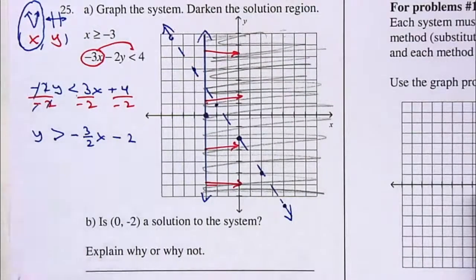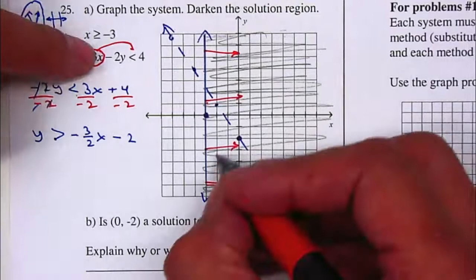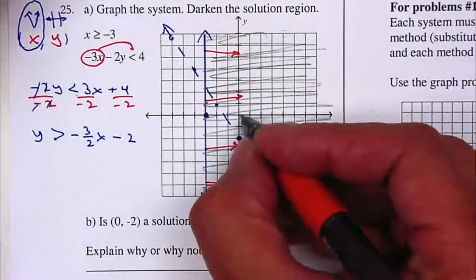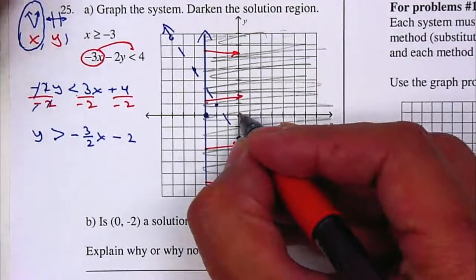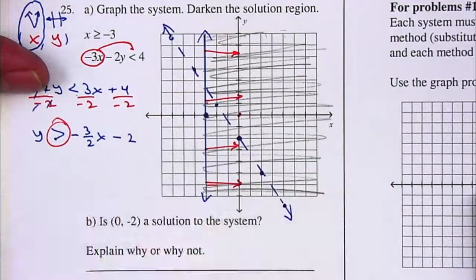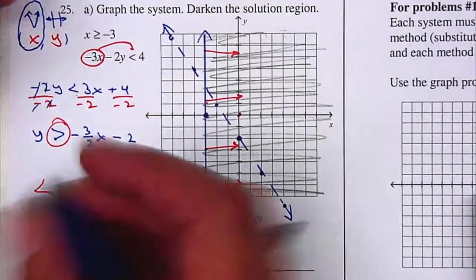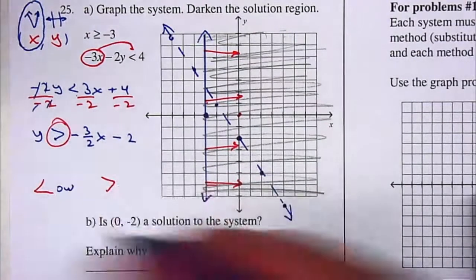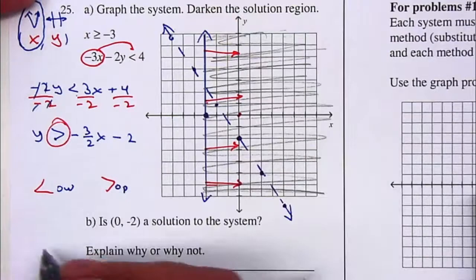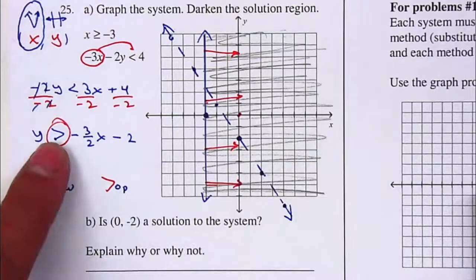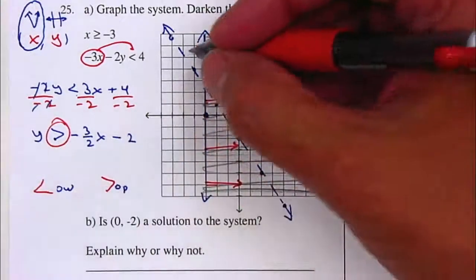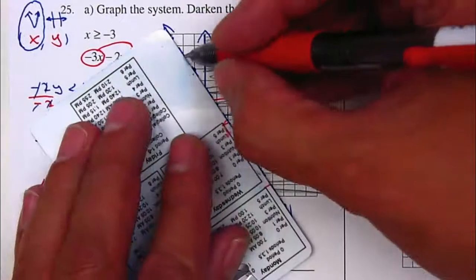And I need to decide which side to shade. Two ways of doing that. You can test a point to see if it's a solution, or you just look at the final inequality. If it's less than, it's going to be the low side. If it's greater than, greater is going to be the top, just like the name says. So in this case, greater than is going to be the top. So therefore, we are shading the top part.